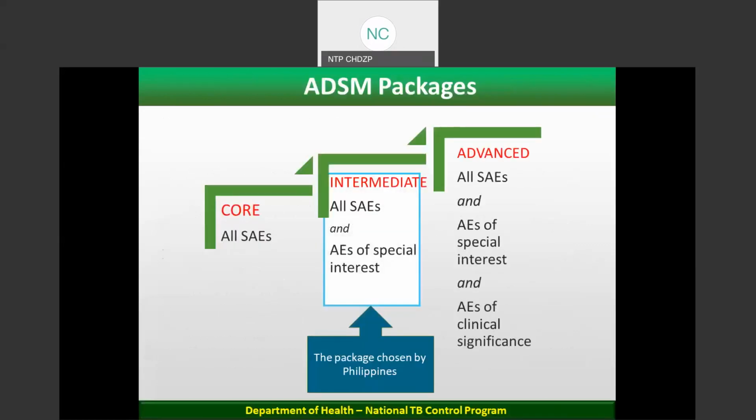So this slide shows the aDSM packages. The package chosen by the Philippines is the intermediate. So it includes all SAEs and AEs of special interest. The 3 levels of monitoring are described as basic, intermediate, and advanced.